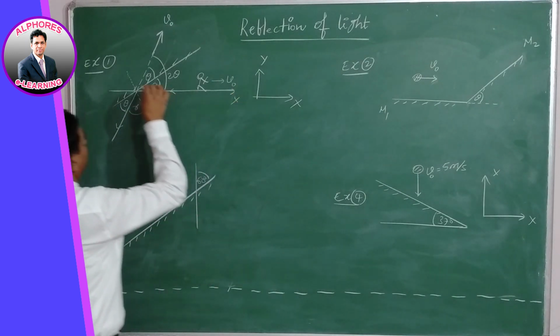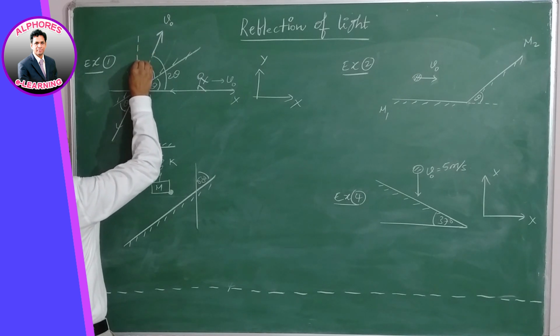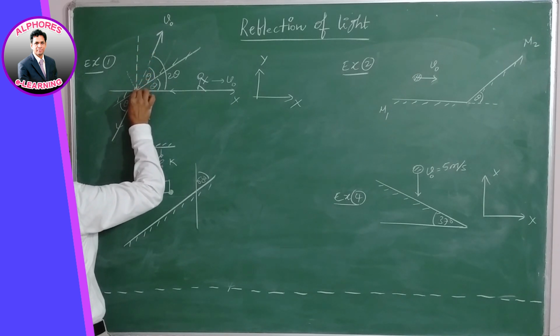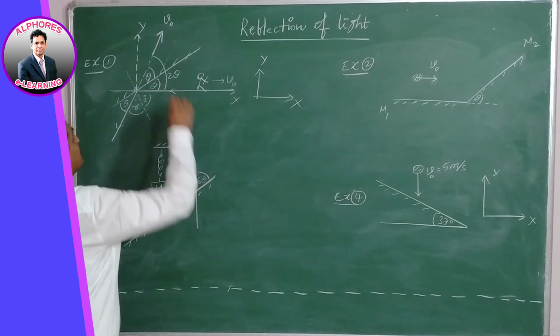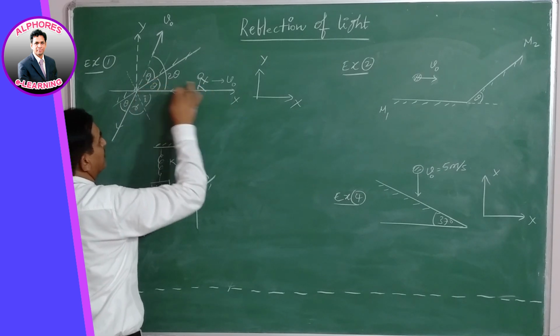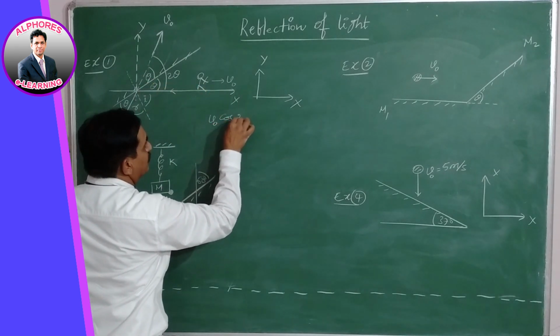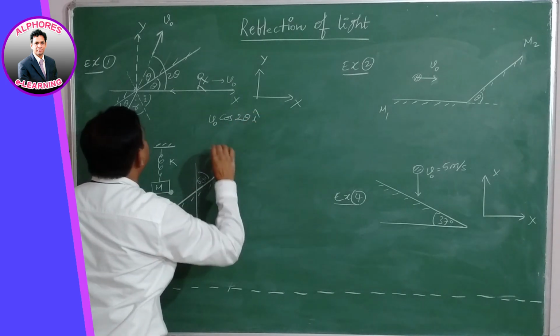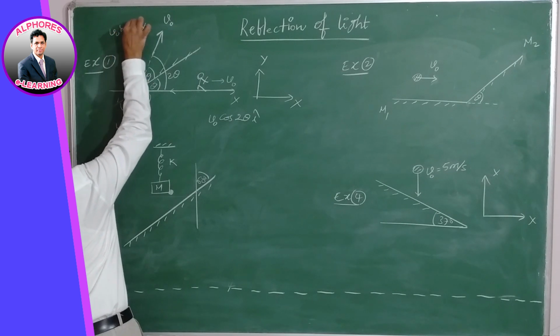This is the x-axis and we create a y-axis. Draw the y-axis which must pass through this point. Right? This is the y-axis. Now, this velocity v0 is resolved into two components. One is along the x direction, therefore v0 cos 2 theta i cap, and the vertical component is v0 sin 2 theta.